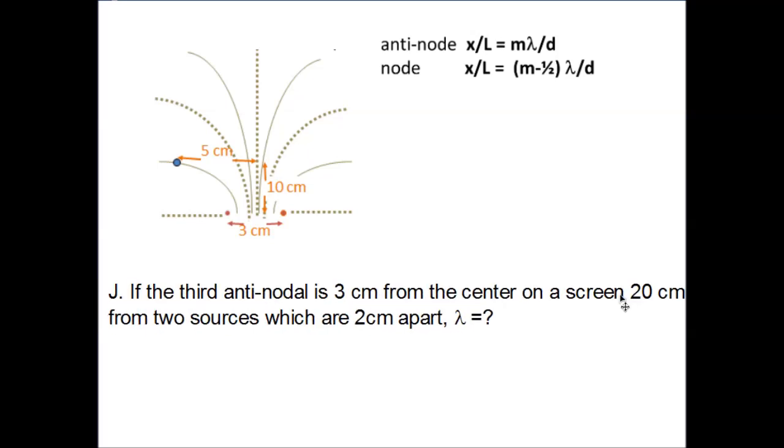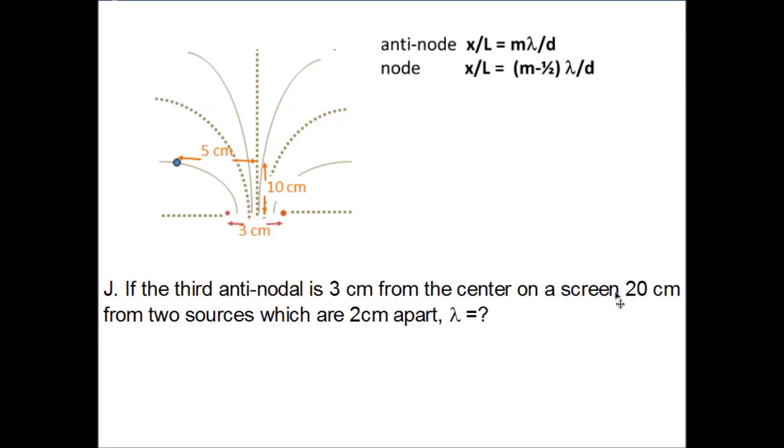And then here is another problem. After you've done this one here, this one here was going to the second nodal, so a new problem. The third antinodal is 3 centimeters from the center, this point halfway between the two sources, on a screen.